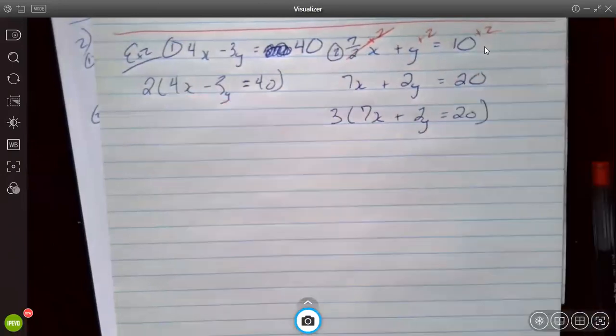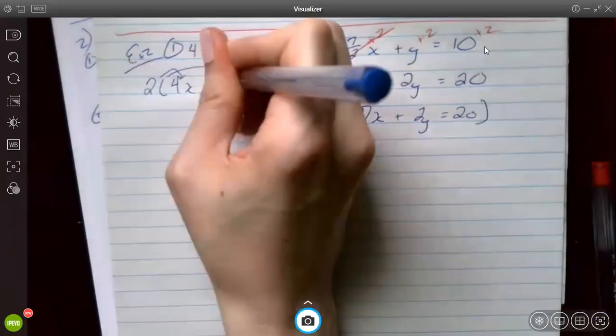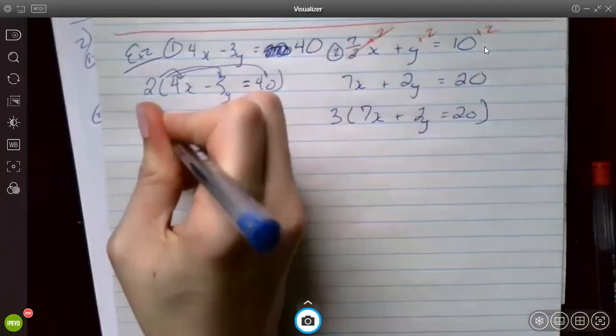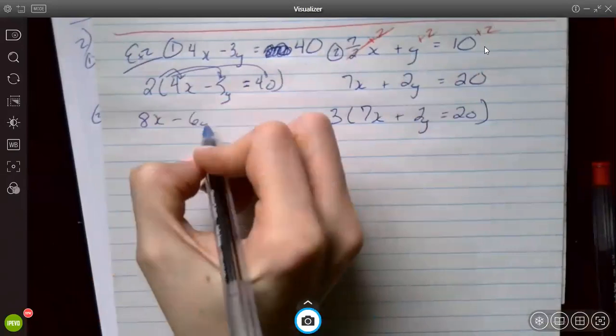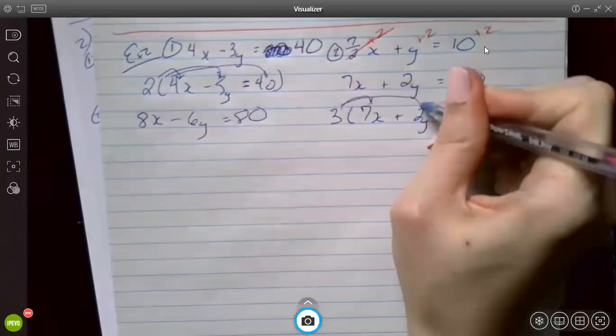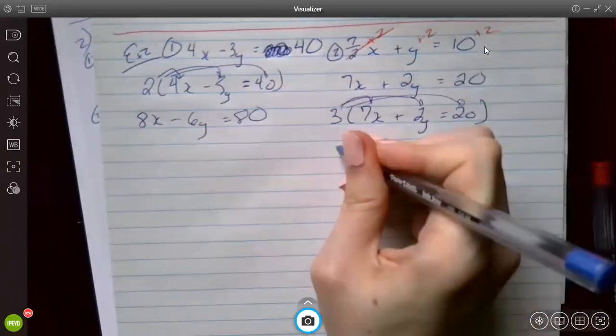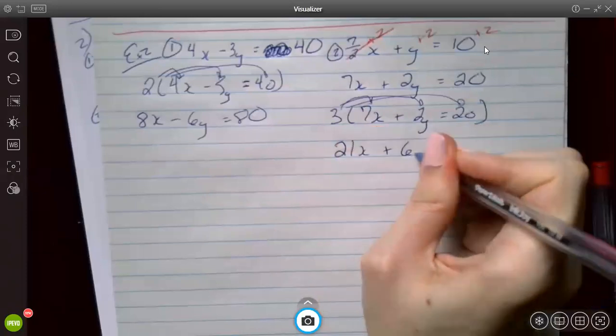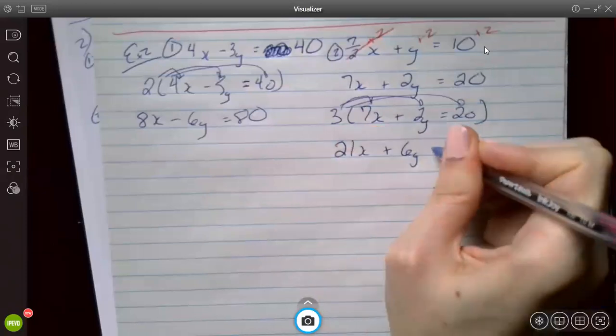And of course, we just multiply into the brackets. So 2 times 4x is 8x, and then minus 6y equals 80. And then in the other equation, again, that's going to get multiplied in. So I'll end up with 21x plus 6y equals 60.